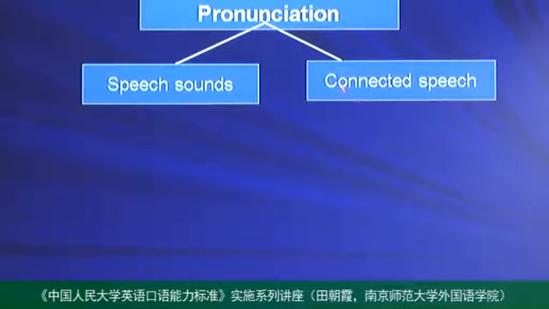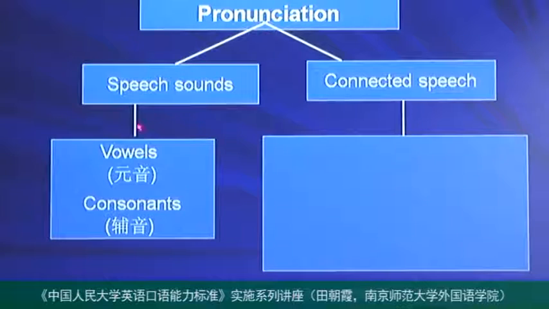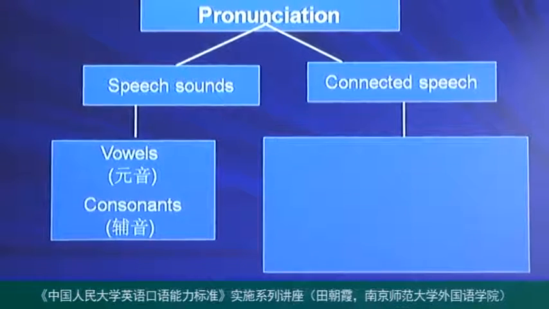Speech sounds. And then, next, is connected speech. When we talk about speech sounds, we actually mean the individual sounds, vowels and consonants. And connected speech means that vowels and consonants come together. Okay, speech sounds, vowels and consonants. What about connected speech?